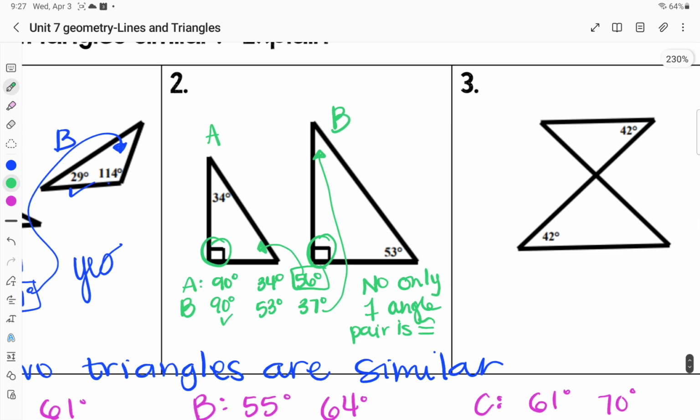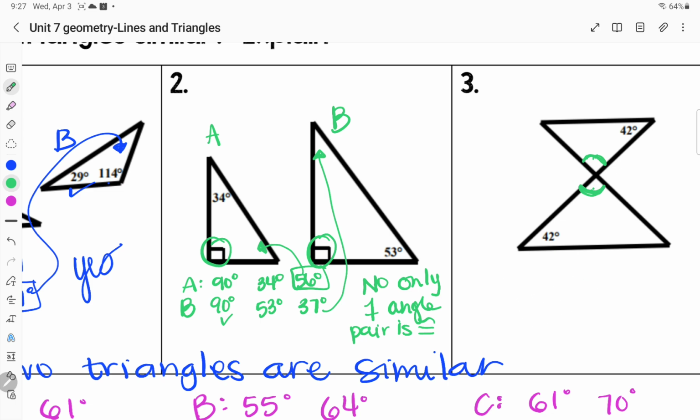All right, this one tends to be the hardest for you because you forget something about these angles right here. Even though this has two unknown angles, and this one also has two unknown angles, we know that these angles right here are vertical. If you remember, vertical angles are congruent. So that means that this triangle has angles of 42 and a vertical angle, and the other one is 42 and the vertical angle.